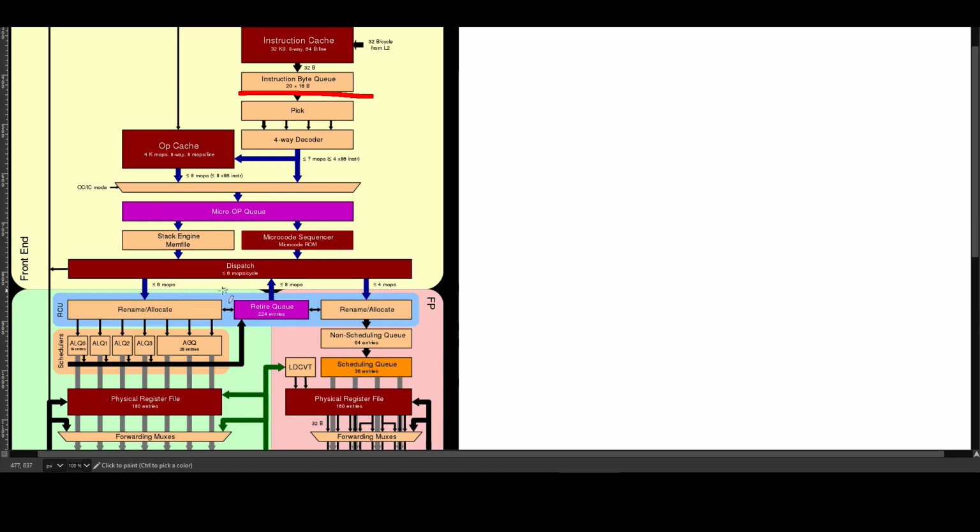Furthermore, the retire queue, or the reorder buffer, is quite shallow in Zen2 at 224 entries. This is the same as Skylake, but of course you have to keep in mind Skylake clocks a lot faster, and in Sunny Cove it's 352 entries deep, so it's a much deeper reorder buffer.